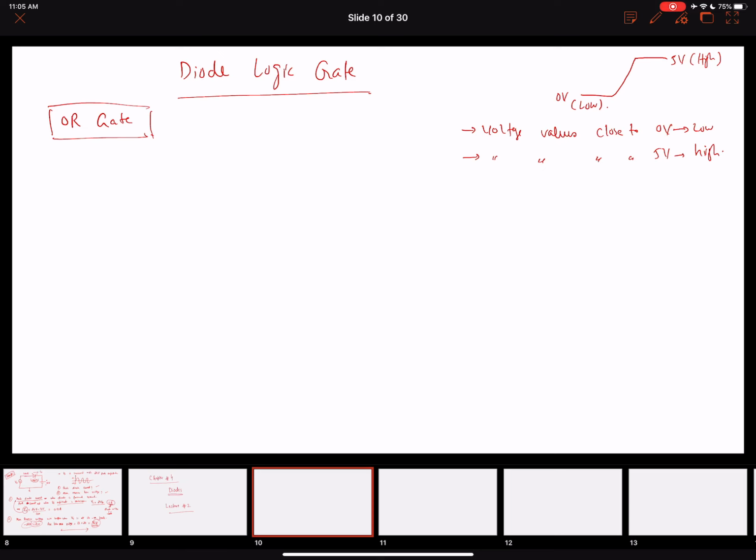So here is a circuit of an OR gate, and this is V naught here. VA, VB, and VC are the 3 inputs and there is 1 output.